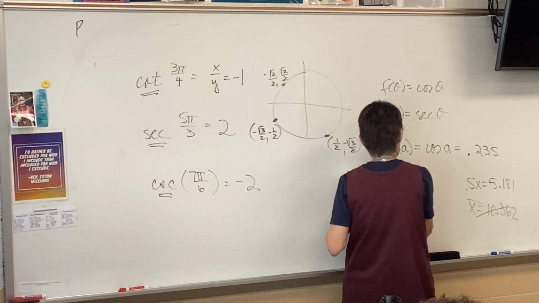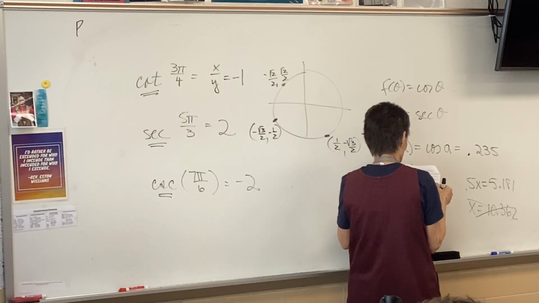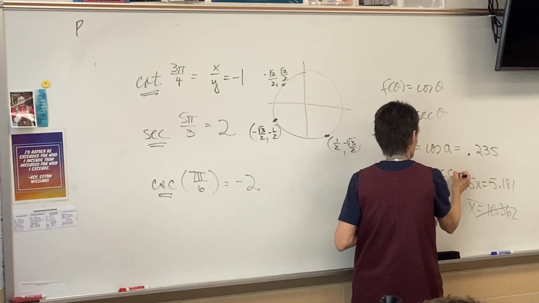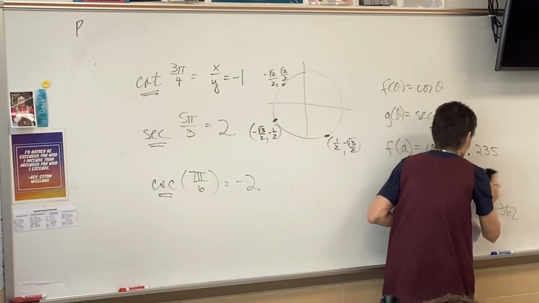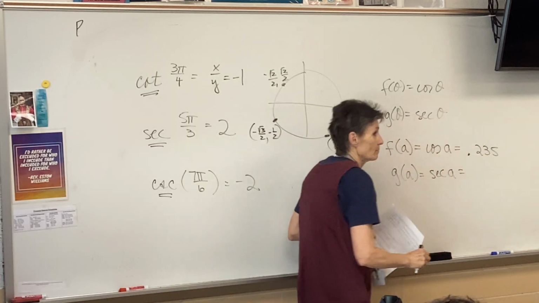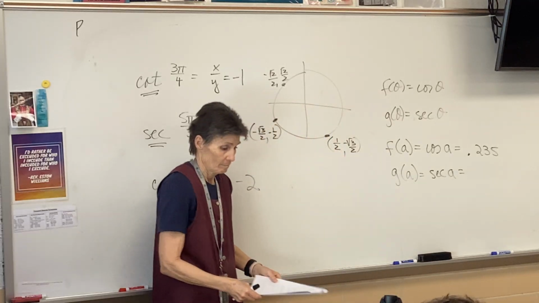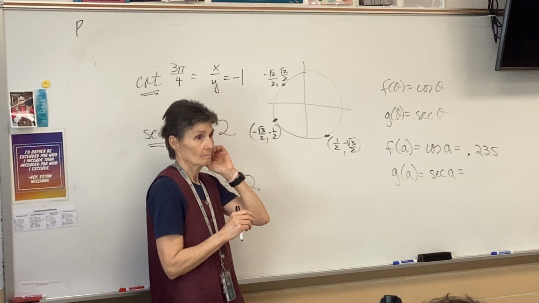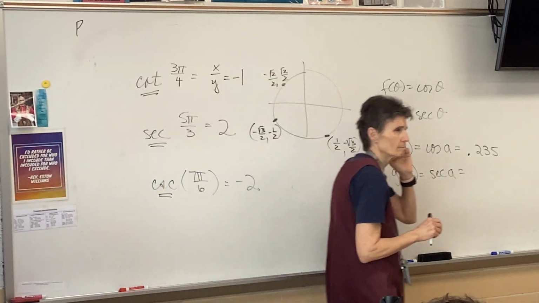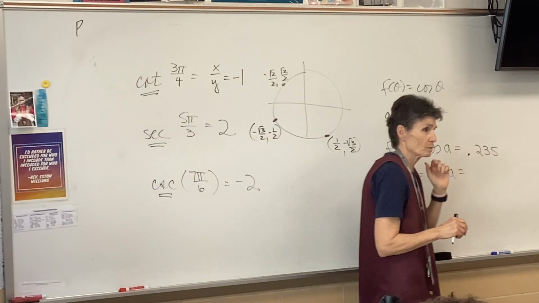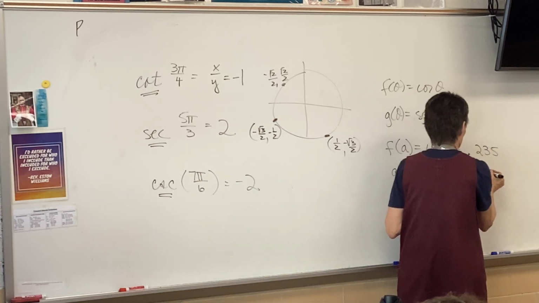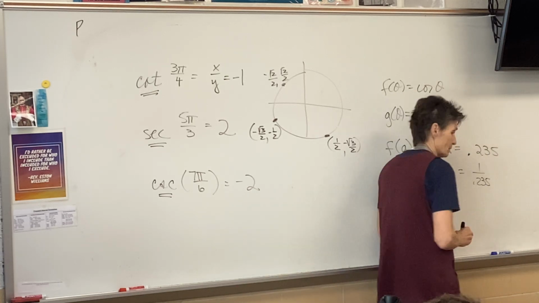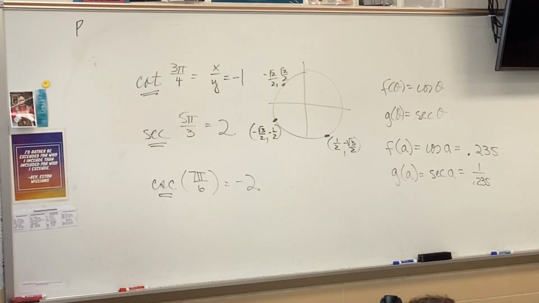So what would g of a be? Well, g of a would be the secant of a. Can we figure out the secant? It's just the reciprocal, yeah. So it's going to be 1 over 0.235. Whatever that is, that's some decimal, you can type it in your calculator and get it.